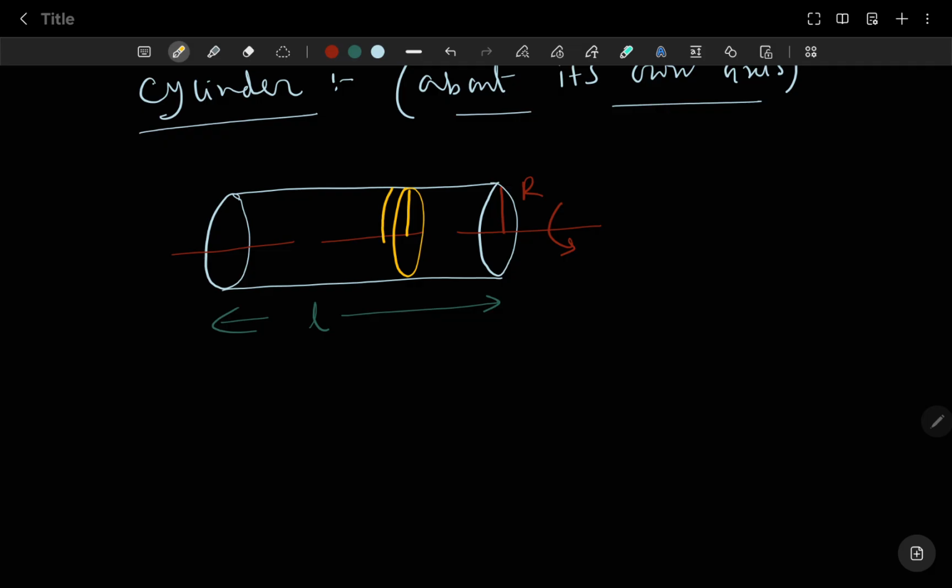Actually we are cutting a slice, and that slice is a disc, right? Now let us call the mass of this slice dm.